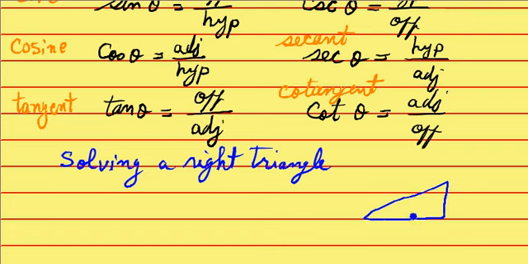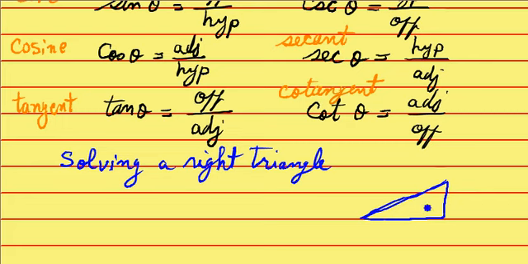This right triangle has 3 sides and 3 angles. Information about some of these could be given to you, and the question might be to find the other pieces. So solving a right triangle simply means finding all the information about a given triangle from the available facts.